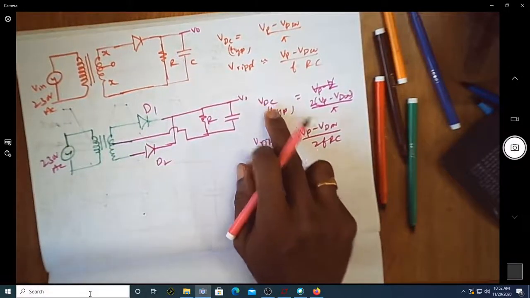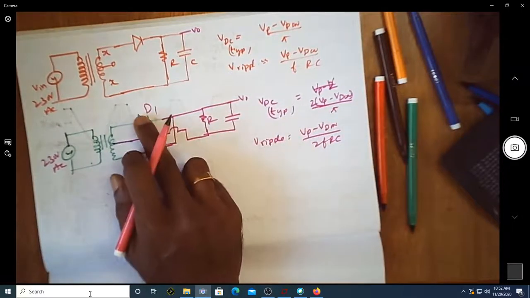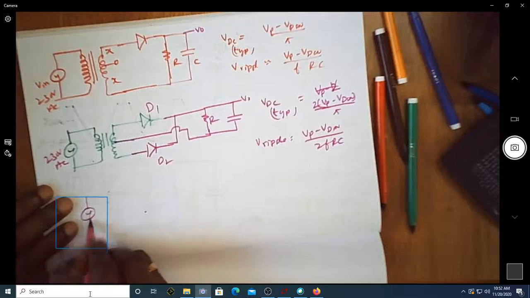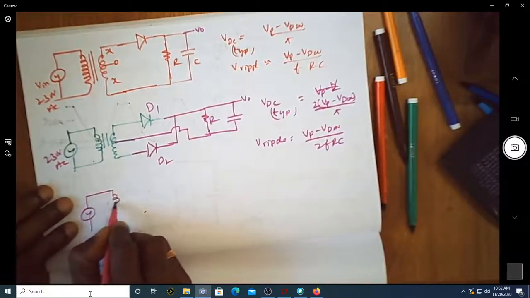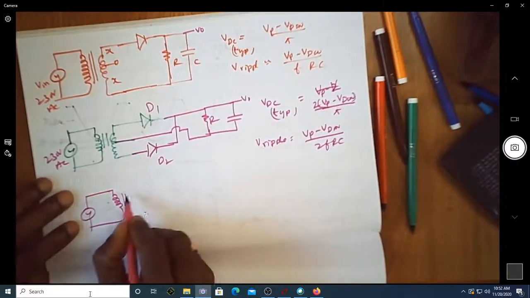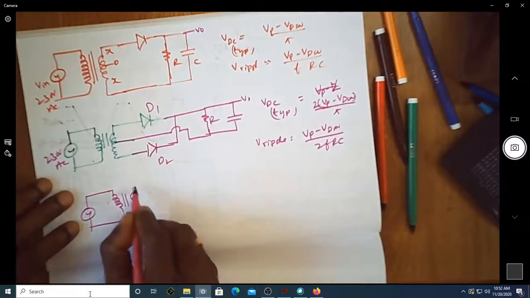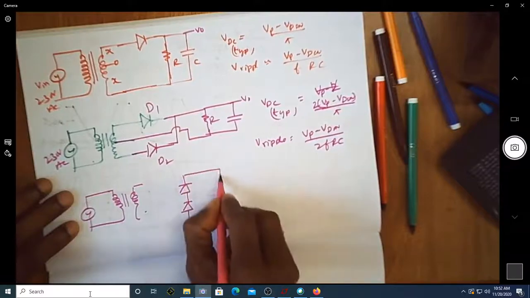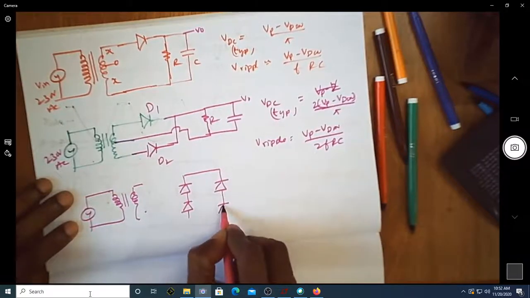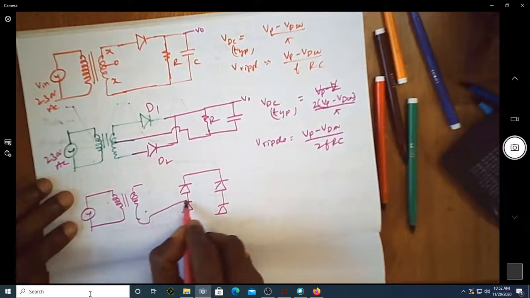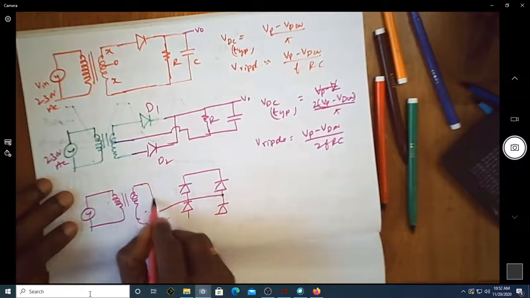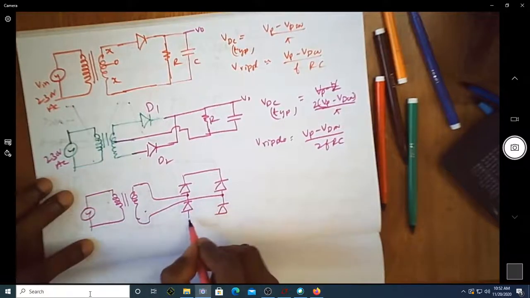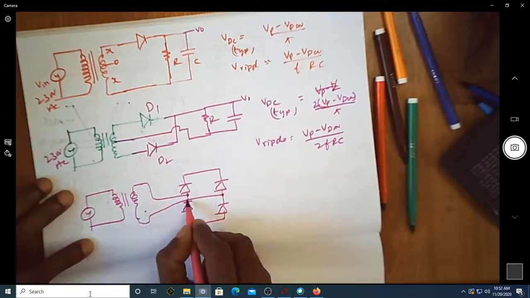VDC is typical, meaning if you consider the diode as a non-ideal case. For the second full wave rectifier with bridge, this is how it looks. So you have the bridge circuit. One is going here, the other one is, okay, this dot indicates that there is a connection. You can see there is no dot, meaning there is no connection here.